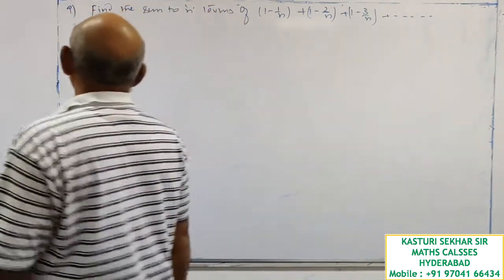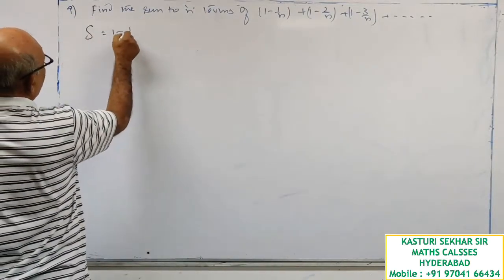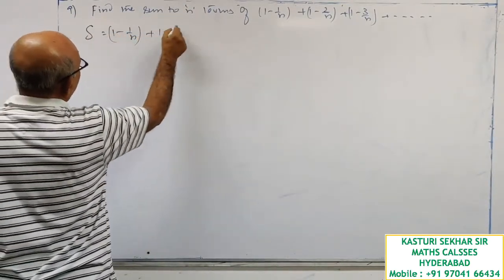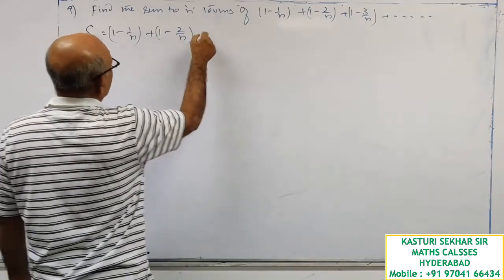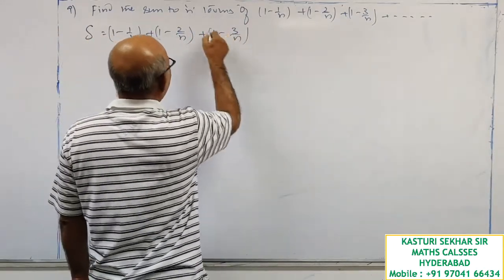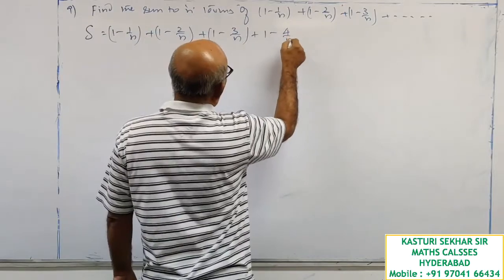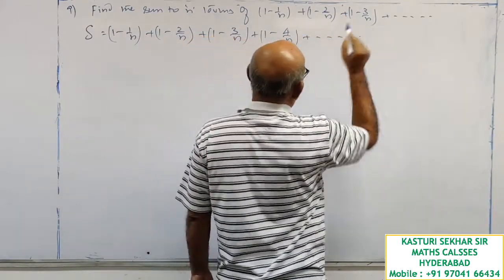Now S is equal to 1 minus 1 by n plus 1 minus 2 by n plus 1 minus 3 by n plus 1 minus 4 by n plus etc.